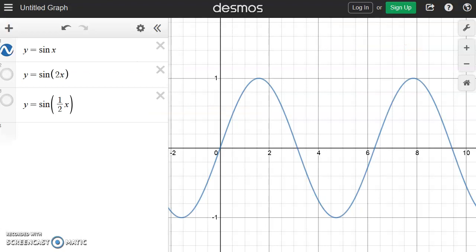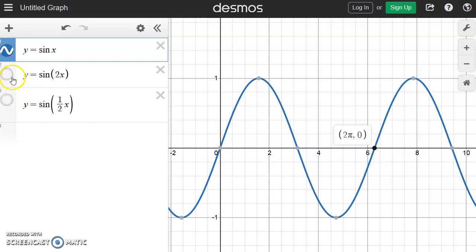Again, here I want to use y equals sine x as our example. You can see for this graph, the wave will go up and down. This is called one period, for the length of 2 pi. So 2 pi is actually the period of sine x.